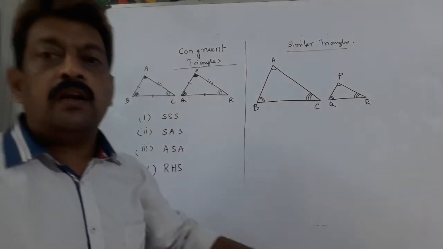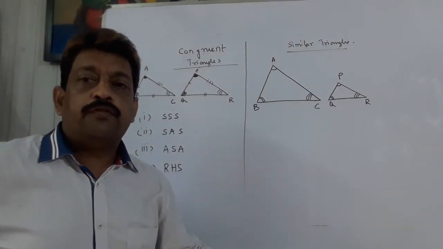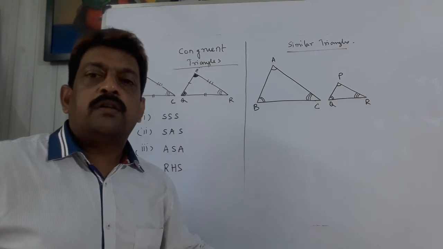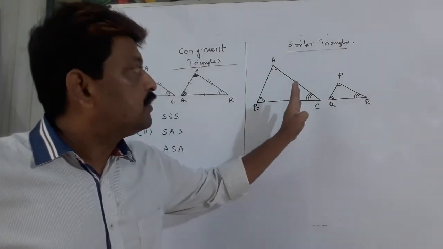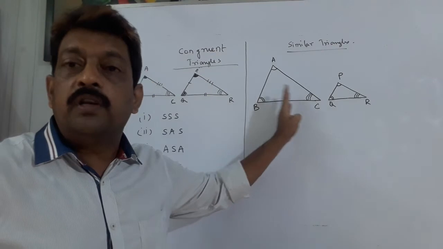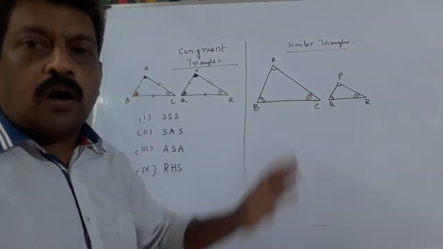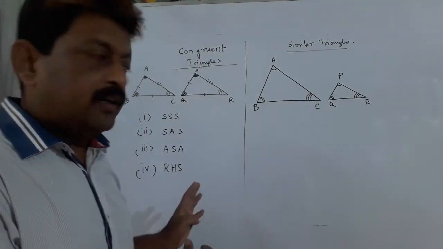In case of similar triangles also, there are four criteria. But as we know, sides are not equal in case of similar triangles. So how can we apply these criteria?